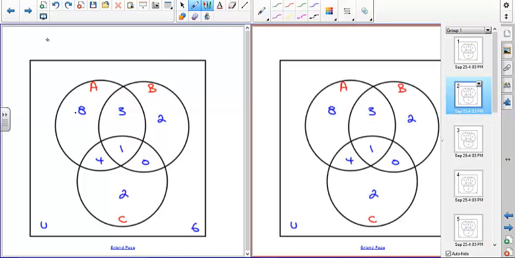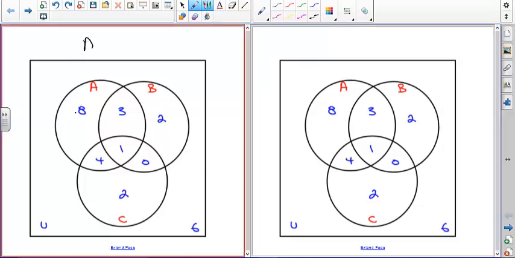So the first thing we're going to do is look at the intersection of 3 sets. If you have A intersect B intersect C, the place where all 3 circles overlap is this center part.